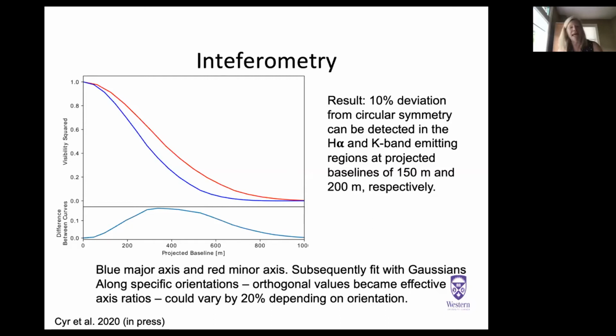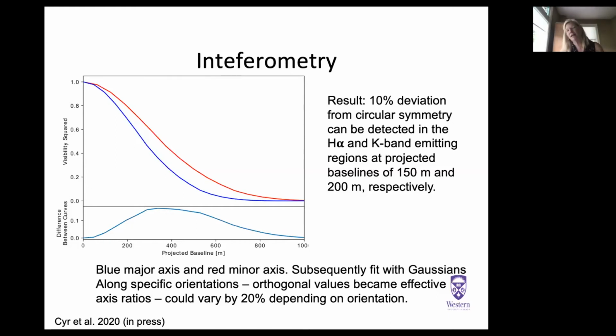For the measurements at 90 degrees, this became our effective axis ratios. We found that these axis ratios can vary by as much as 20%, depending on the orientation of the spiral arms.